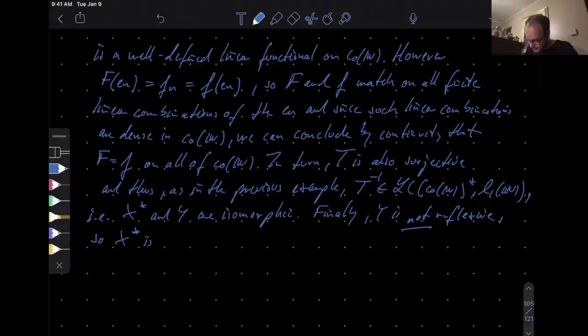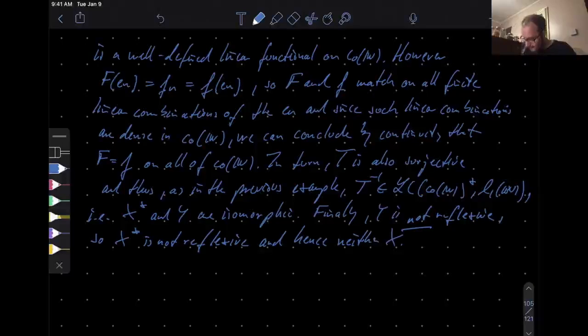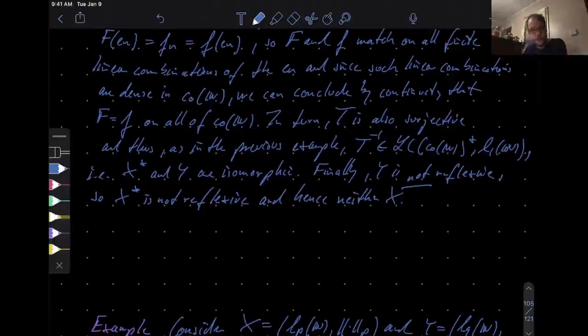So X star is not reflexive. And if the dual space of a Banach space is not reflexive, then the space itself is not going to be reflexive. This was a theorem right before we started doing the examples. So X star is not reflexive, and hence neither X. Okay, and that's it. So for the reflexivity, we already did all the work in the previous example and in the preparations leading up to the example. Okay, good.